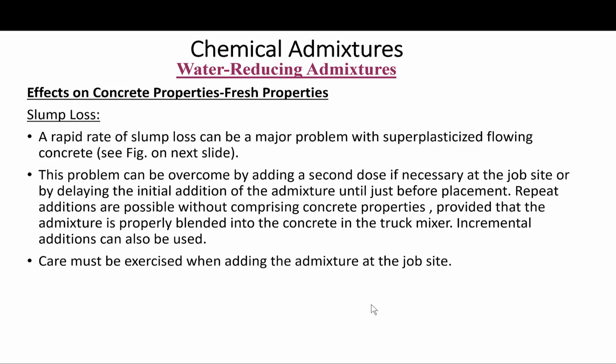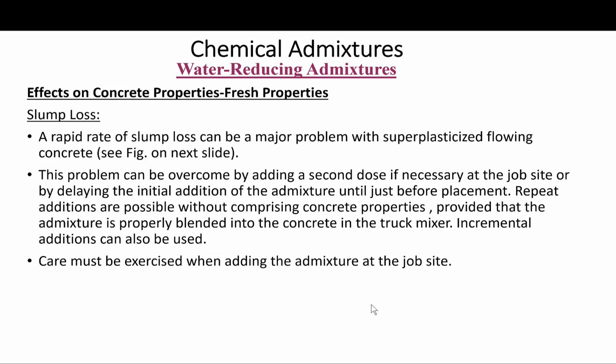This problem can be overcome by adding a second dose if necessary, at the job site under controlled circumstances, or by delaying the initial addition of the admixture until just before placement. Make sure to avoid slump loss during the transit mixer travel between the mixing plant and the job site.